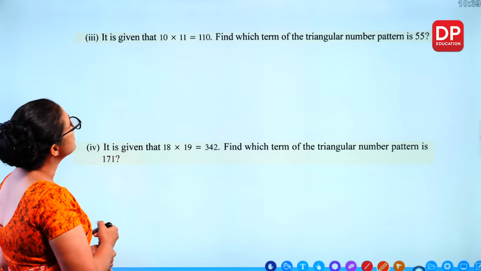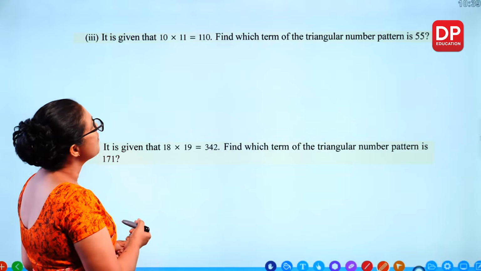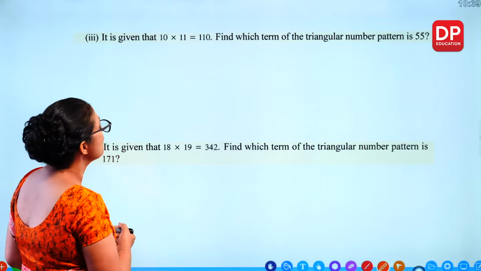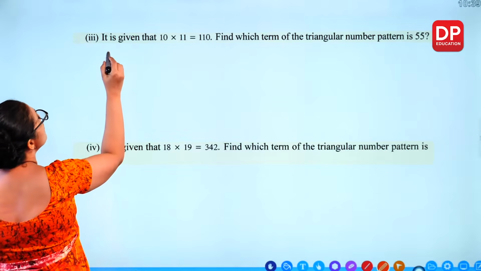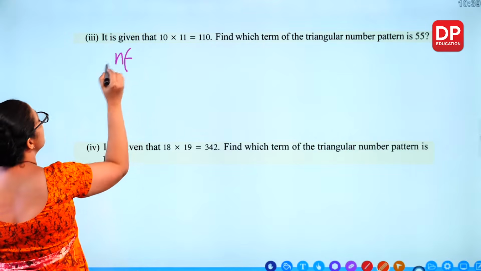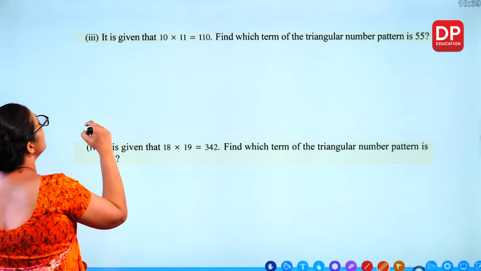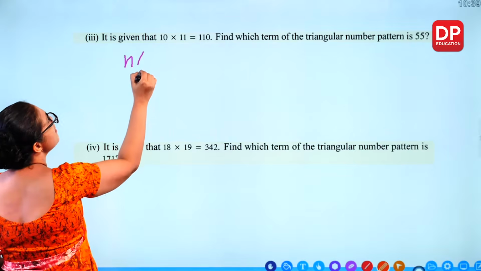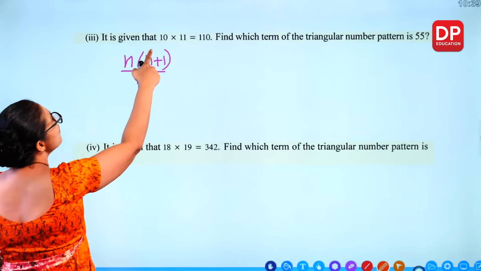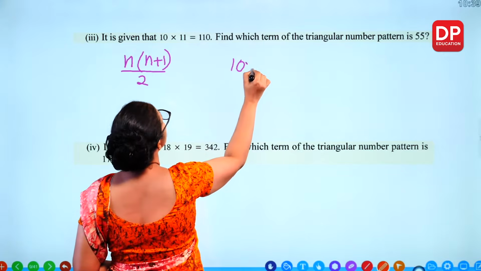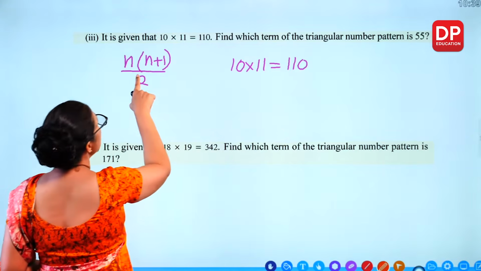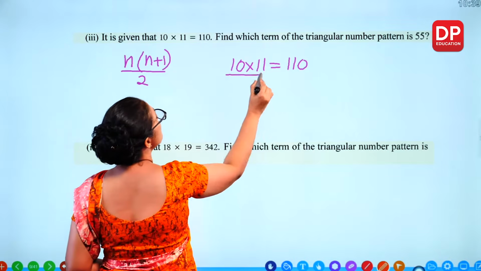It is given that 10 times 11 is 110. Find which term of the triangular number pattern is 55. You need to know the general term, which is n times (n plus 1) divided by 2. Now look at this one. 10 times 11 is 110. So we'll divide this by 2.